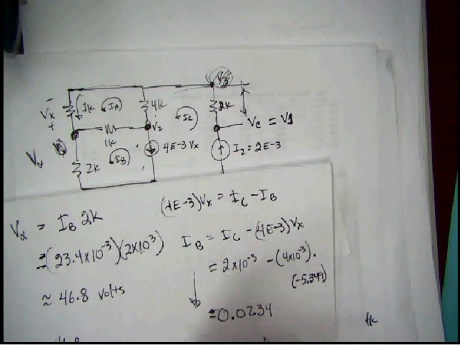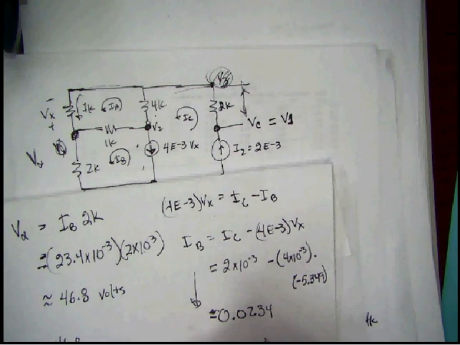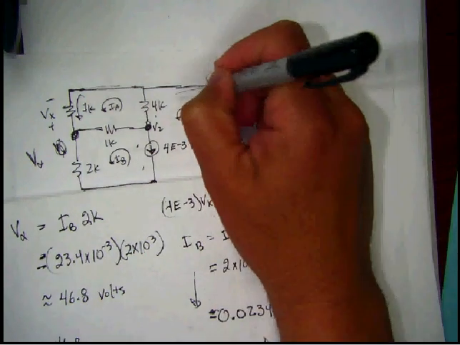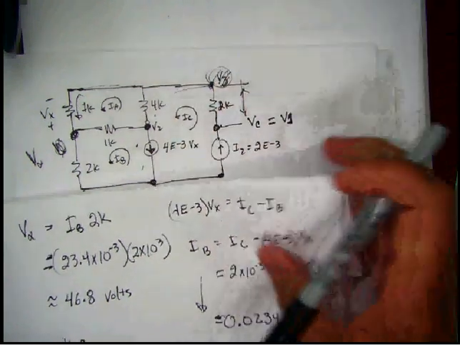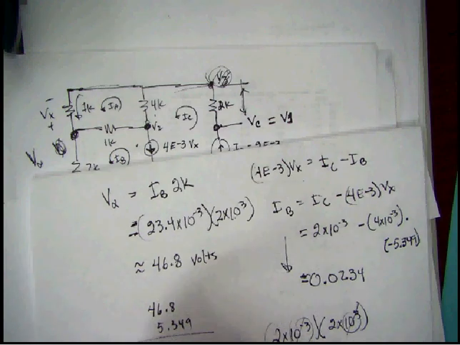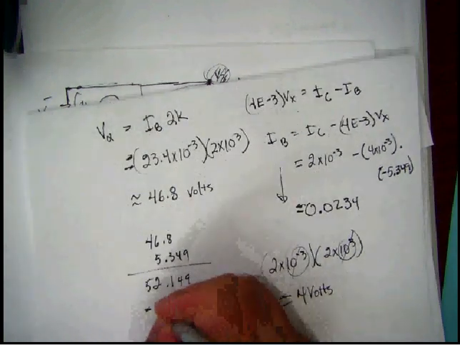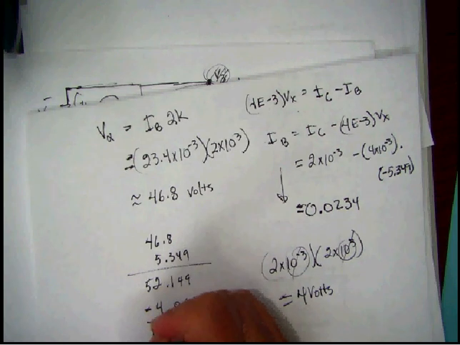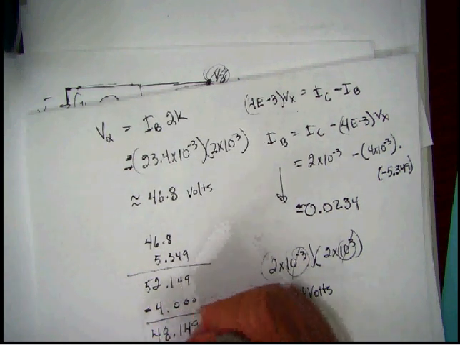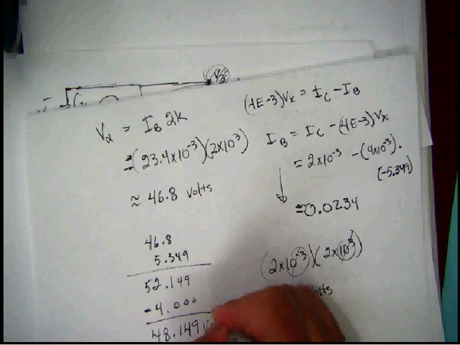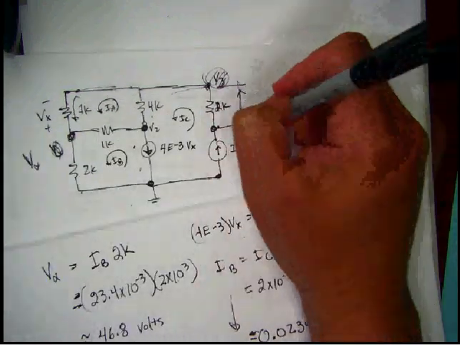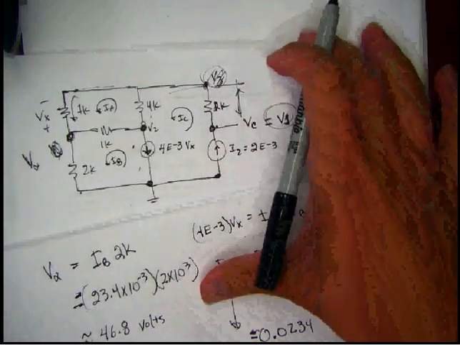These powers cancel, and we're left with 4 volts. So this point is 4 volts higher than that. So we've got to subtract 4 volts from here. And we're left with 48.149 volts as our input V1 to the circuit.